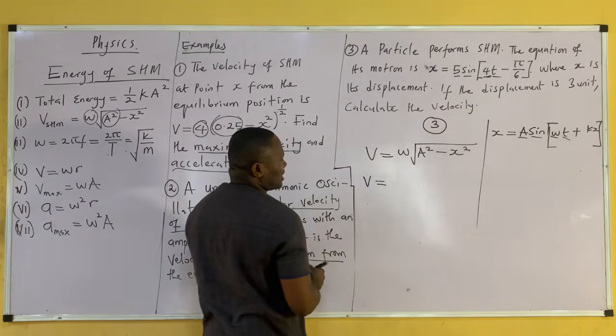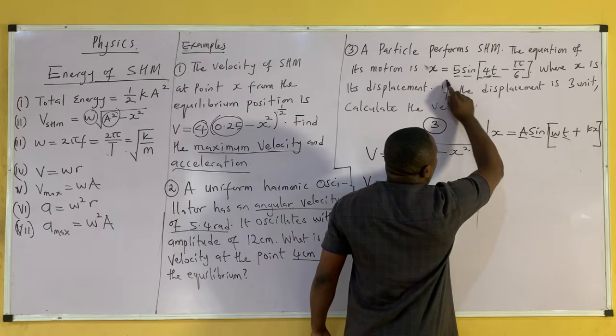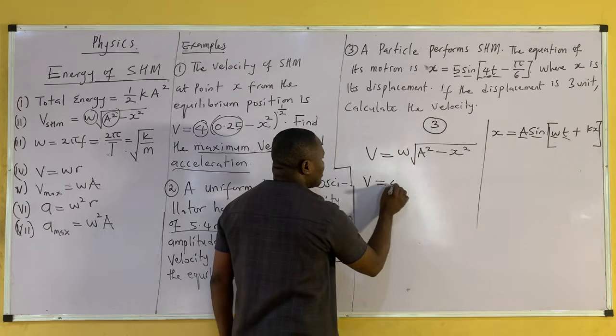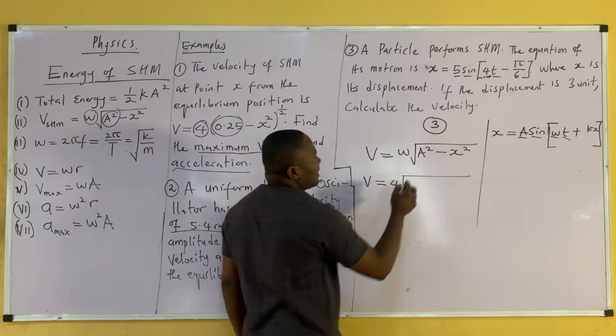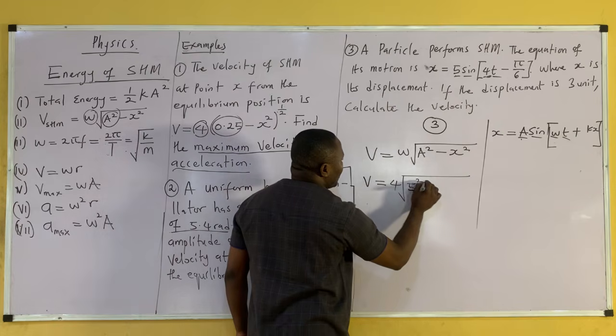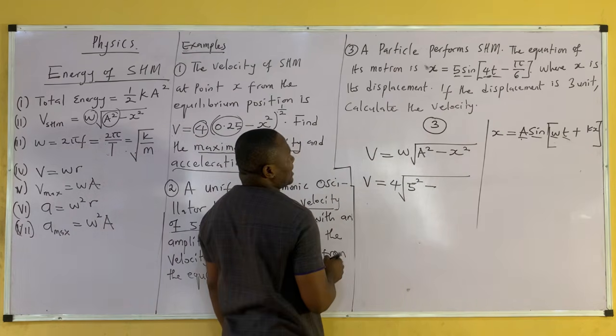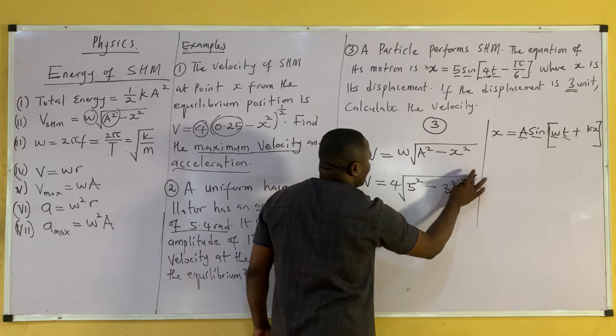So if I come back here, what will now be my W? My W now from this equation is 4, square root. What is my A? My A is 5. My A is 5 squared minus, what is my X? X was giving me 3, minus 3 squared.